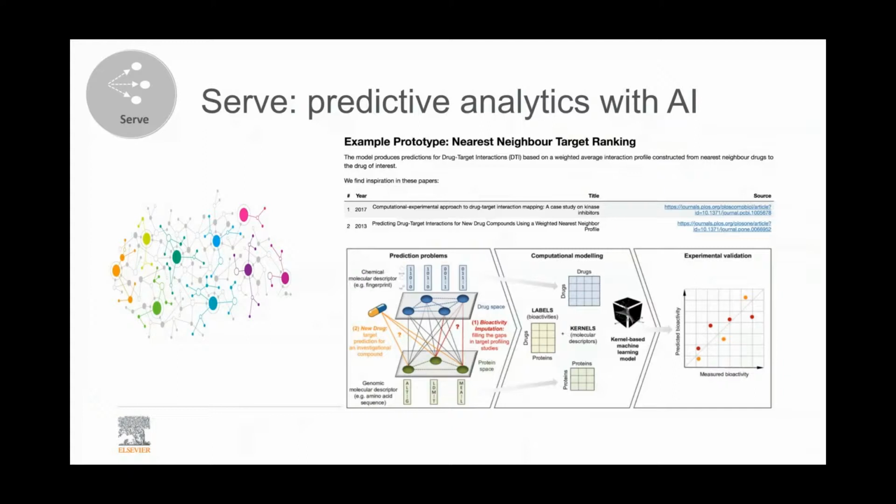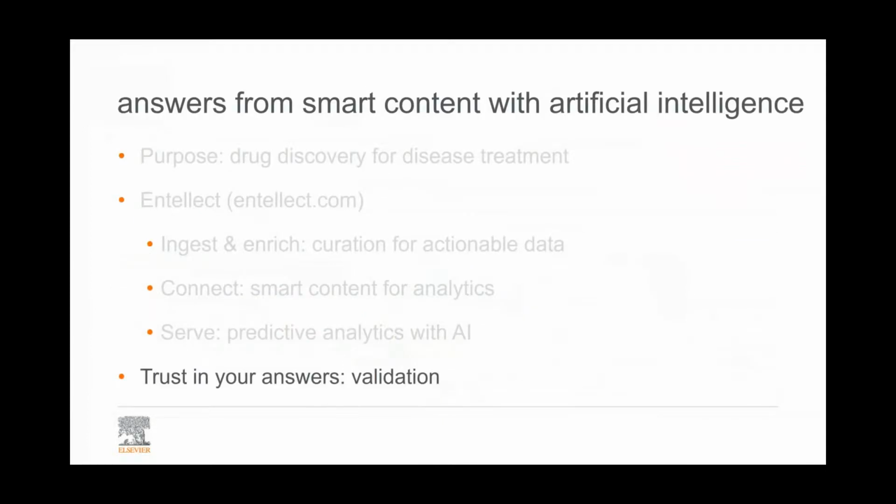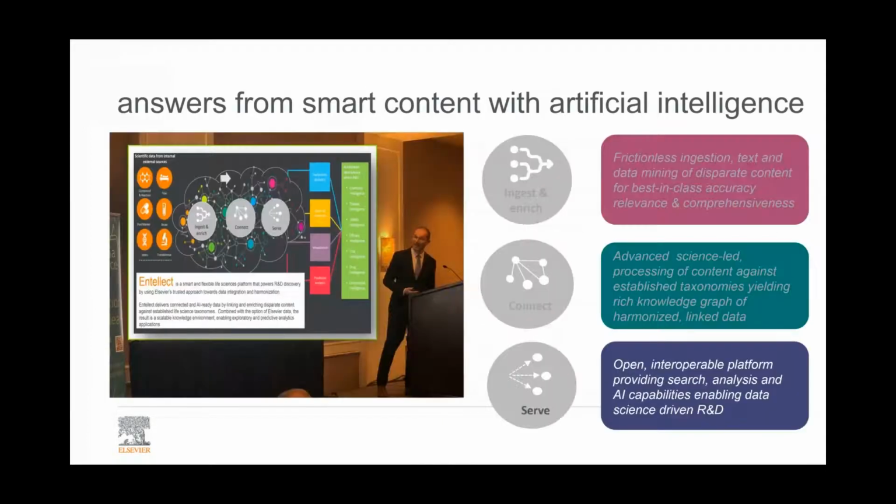So to create fingerprints, in this case, looking at chemical structures, so INCHI codes, and create vectors out of that, and then a bunch of protein data and the protein sequences. Those can be created into vectors, and you can run your machine learning model on that. So our focus is, as I say, bringing this data together using our curation capabilities into this platform.